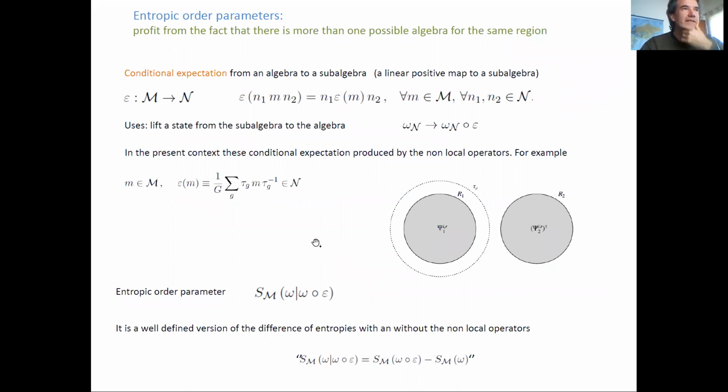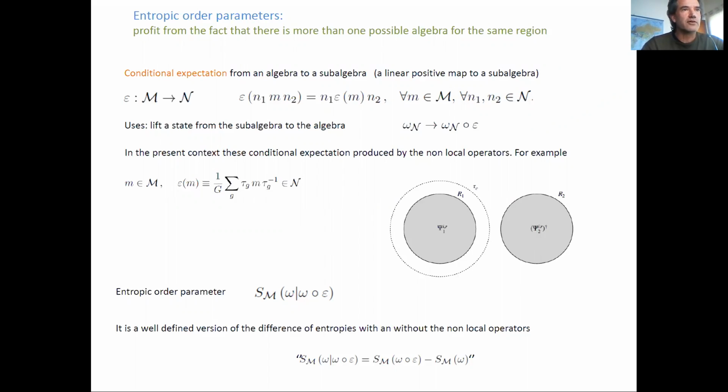So let me then go to the entropic order parameters. The idea is that we can profit from the fact that there is more than one possible algebra assigned to the same region. So we want to obtain something that measures, for example, the expectation values of these non-local operators, or is related to the statistics of these non-local operators.